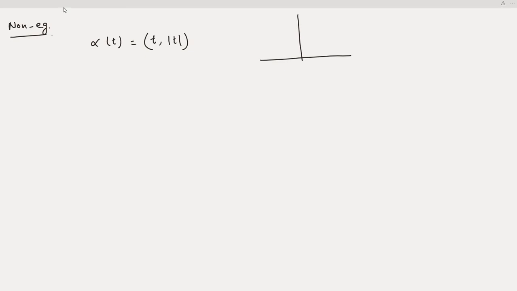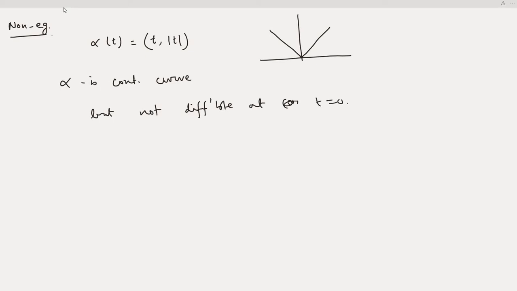This is a continuous curve, but not differentiable at 0, at t equal to 0. Okay, so let me stop now. Next time I'll give more examples. Thank you.